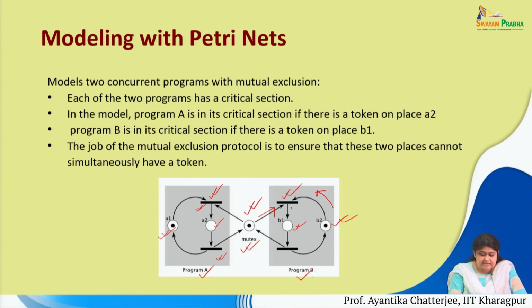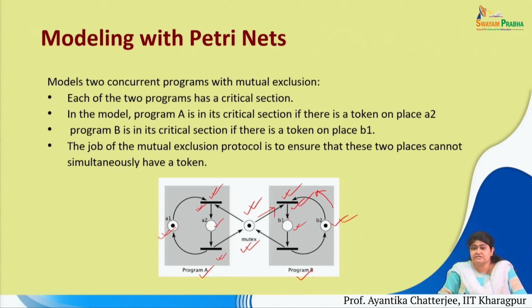That means this transition can fire. So, this is how, once A releases the mutex token, only then B consumes this mutex token and enters its critical section.